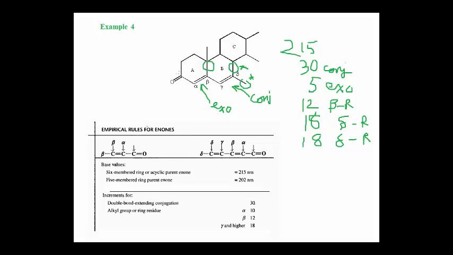That's a common mistake that people tend to make, so we're not going to add anything for that CC bond. Alright, so we just do the arithmetic, add the total, and it comes out to 298 nanometers. So the estimated lambda max for our compound in example 4 is 298 nanometers.